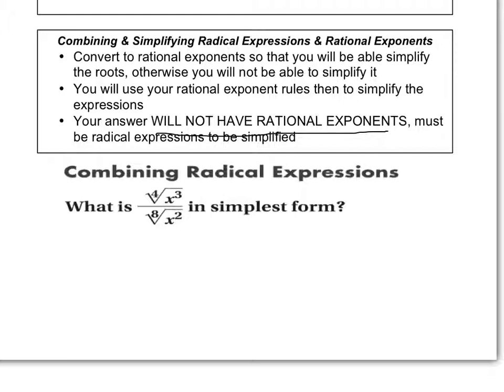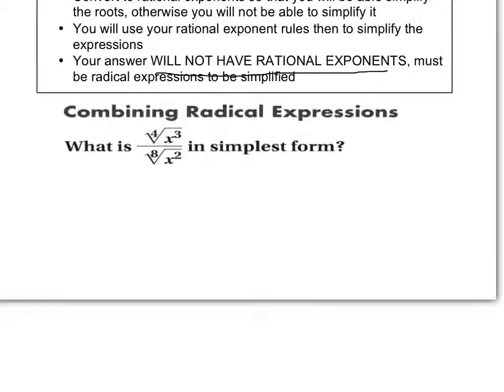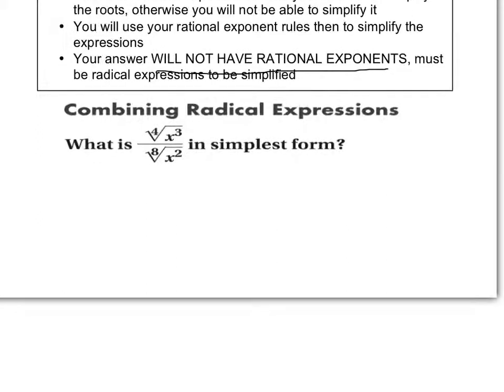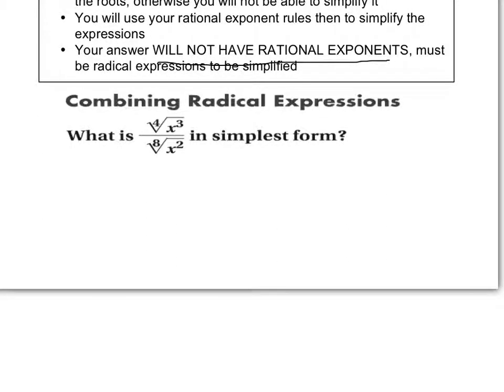All right, let's take a look at some examples. Let's look at this first one: what is the fourth root of x to the third over the eighth root of x to the second in simplest form? First thing we want to do is change them to rational exponents.